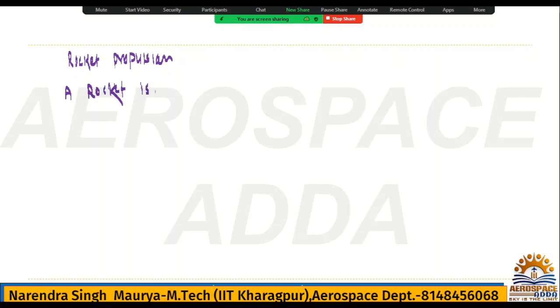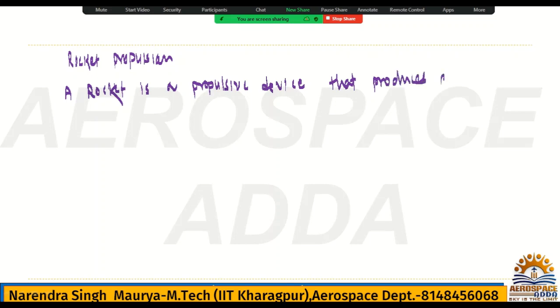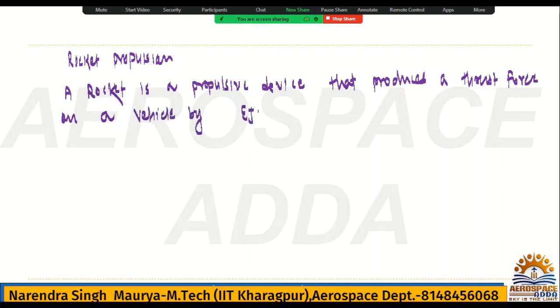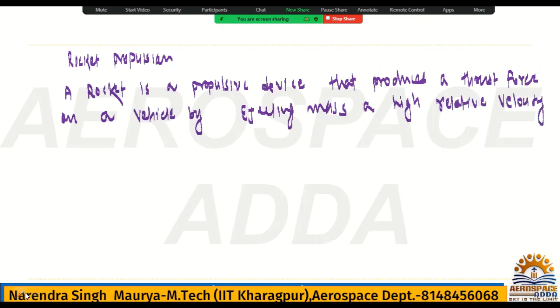A rocket is a propulsive device that produces a thrust force on a vehicle by injecting mass at a high relative velocity. This is what rocket propulsion is.